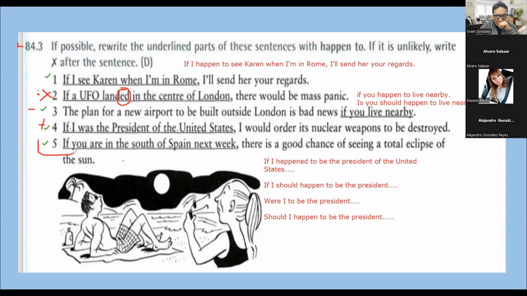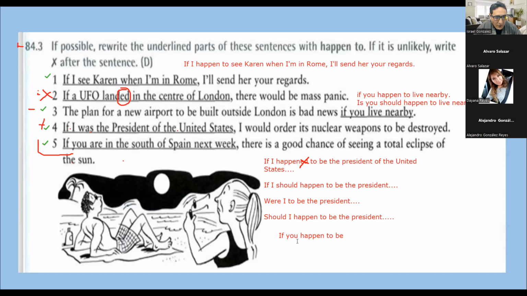If you happen to be in the south of Spain next week, there is a good chance of seeing a total eclipse of the sun. Sorry, in number 1, I wrote something. It is in present simple, not in past. If I happen, not if I happened. Sorry, my mistake.